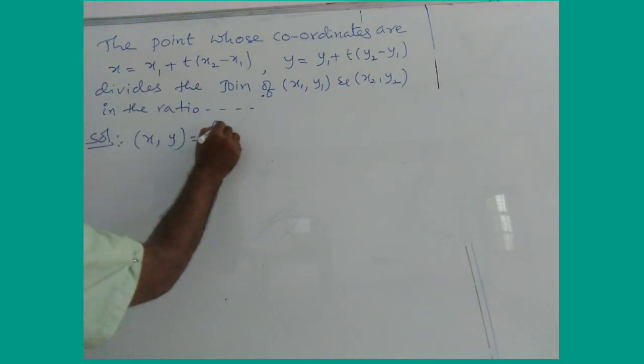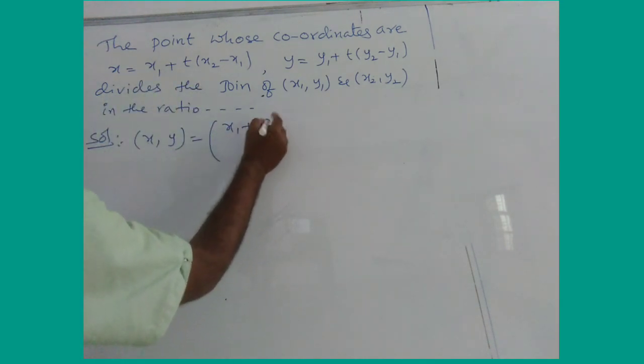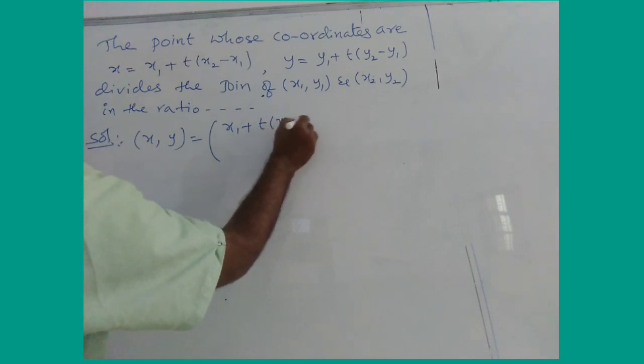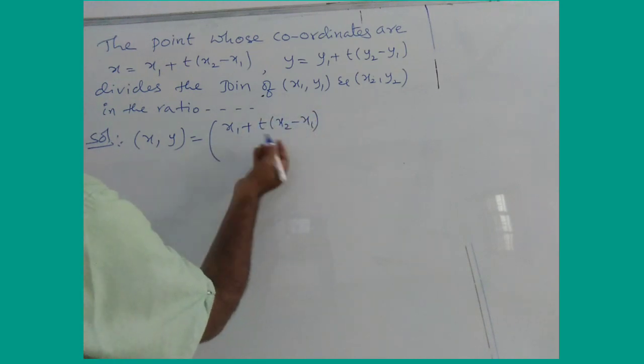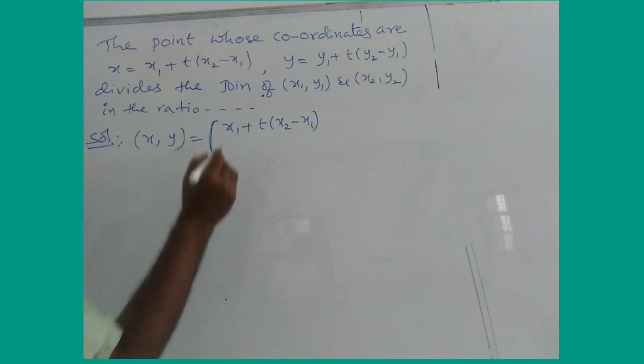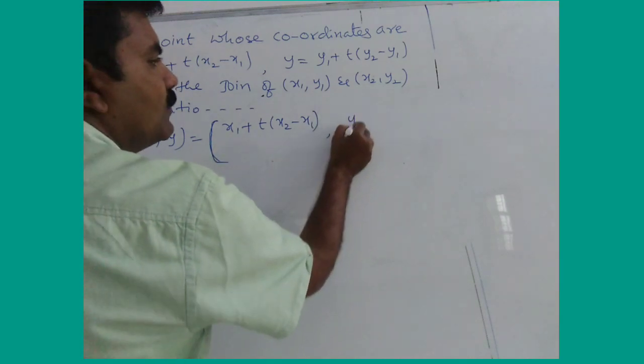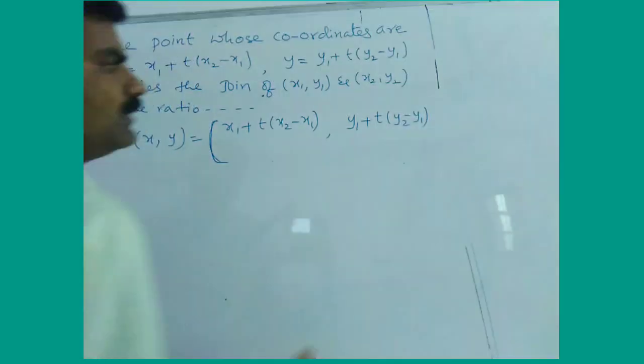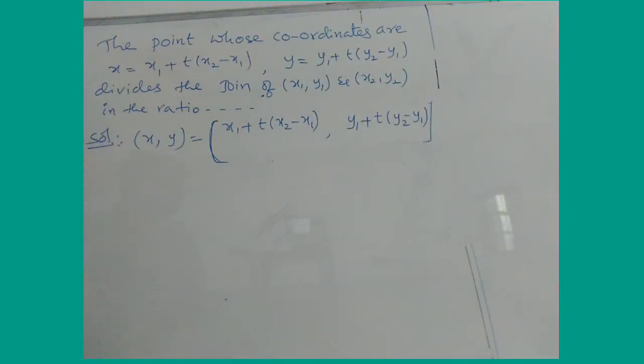So given that x is equals to x1 plus t into x2 minus x1, isn't it? Comma, y value is y1 plus t into y2 minus y1, isn't it?